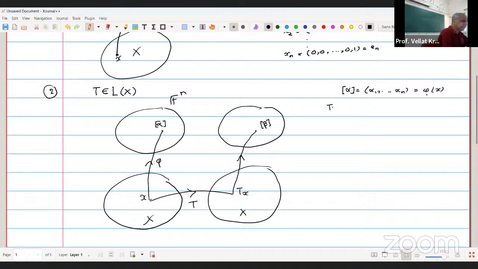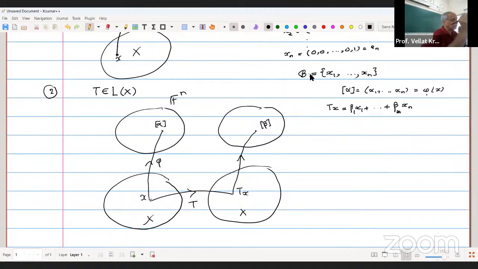Now, Tx can be written as beta 1 x1 plus beta 2 x2 up to beta n xn, where x1, x2, etc., xn is the ordered basis B that you have chosen.